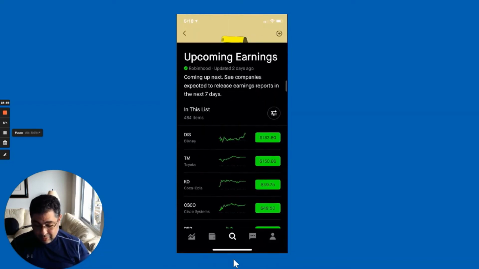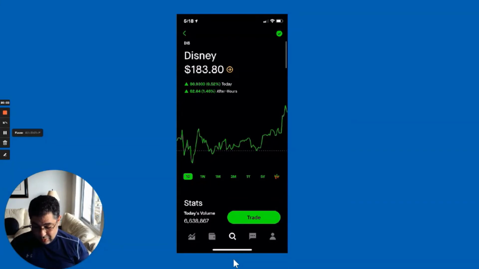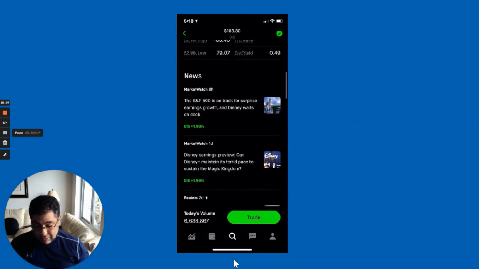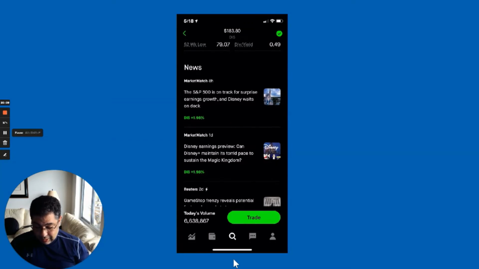So you have Disney. Okay, so you say, oh, Disney, that's interesting. I want to know about Disney. So you click on Disney and you have all the information for Disney. Let's see. So then in the news it becomes interesting because everybody knows they're going to be reporting earnings soon. So S&P is on track for surprise earning growth and Disney waits on deck.